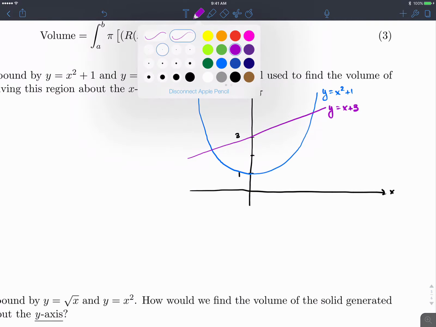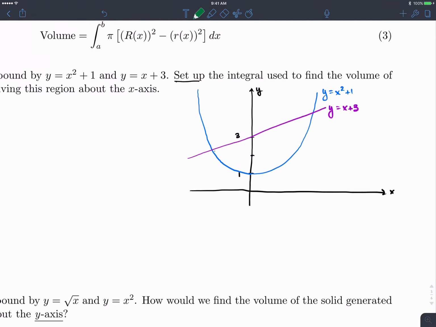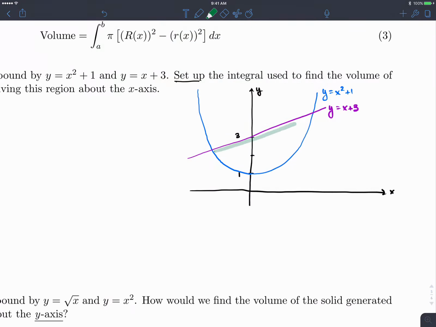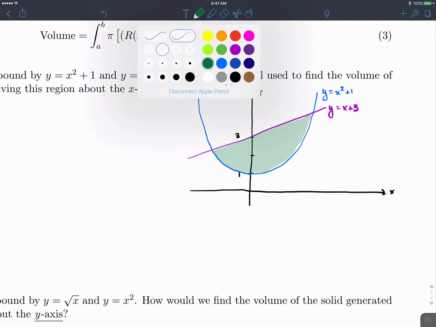So here's our region that we're considering, and now we've got to think about how we could set this integral up to find the volume if we took this area that we're filling in right here and rotated it about the x-axis.